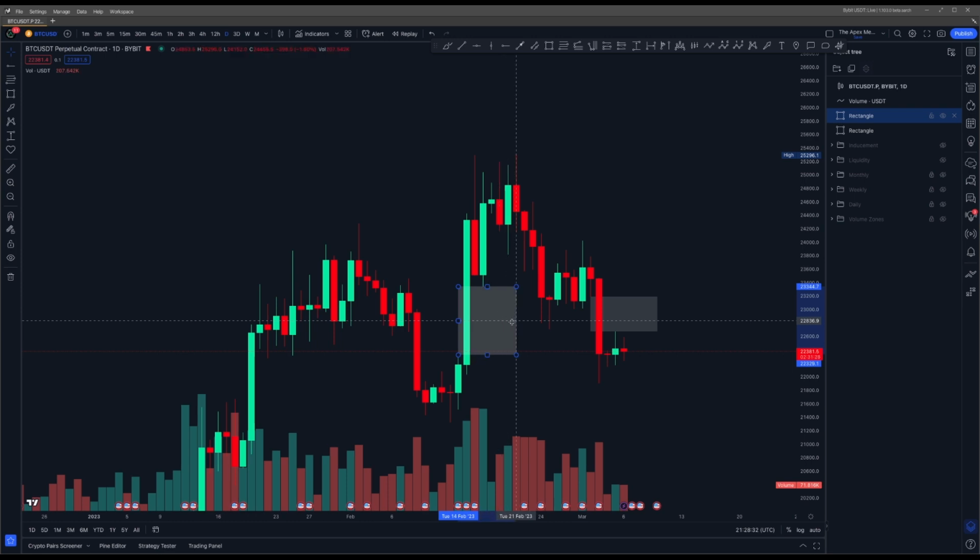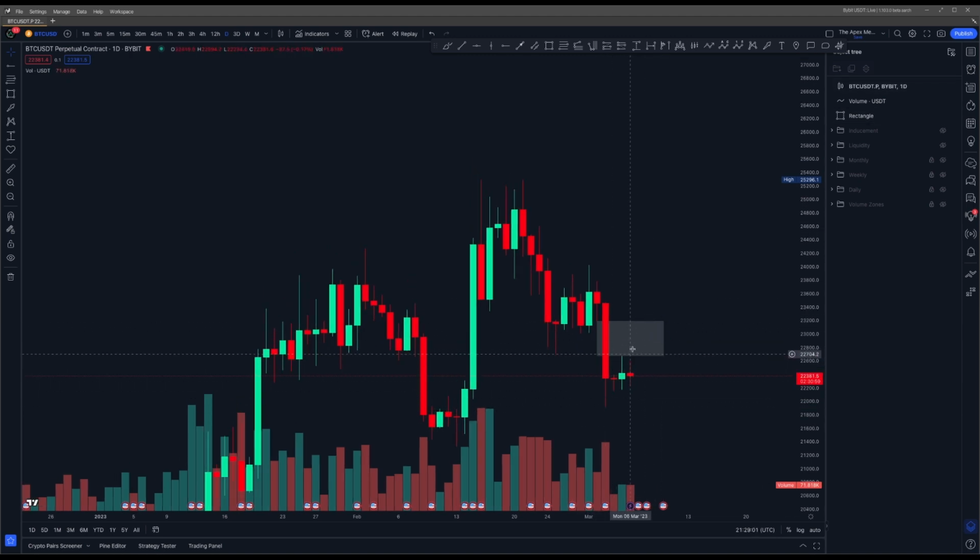Next candle, nothing, nothing, nothing. Oh, this candle closes our gap to here, between there and between there. Next candle closes our gap even further. And then finally, this candle closes the gap entirely, okay? So you can see the gap got closed. It doesn't have to be the next candle, but it's always going to try to close it. So now we've got a gap to the upside, okay?